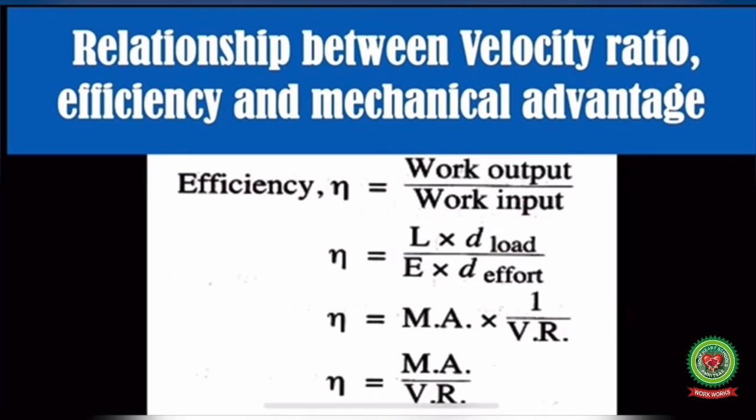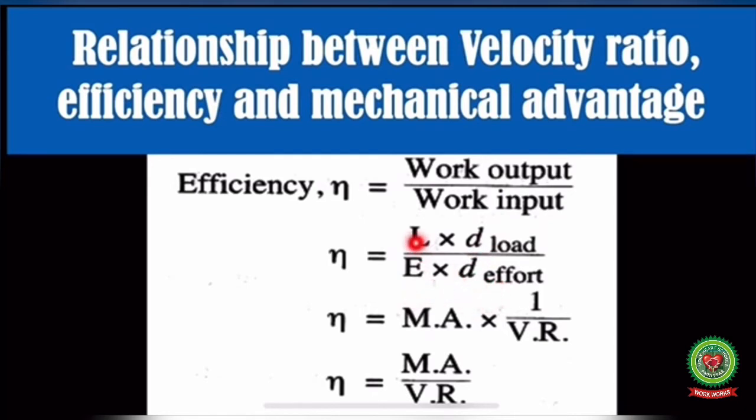Next is the relationship between velocity ratio, efficiency and mechanical advantage. Beta, as we all know, efficiency eta is equal to work output upon work input. Work output is load into displacement of load. Work input is effort into displacement of effort.